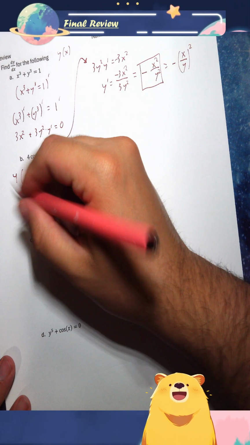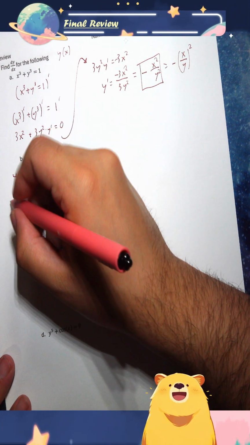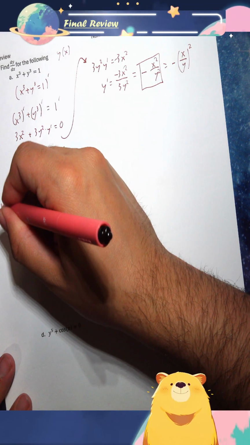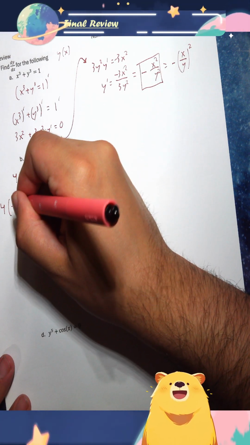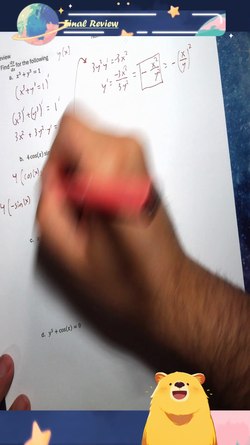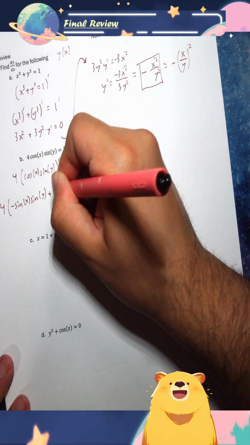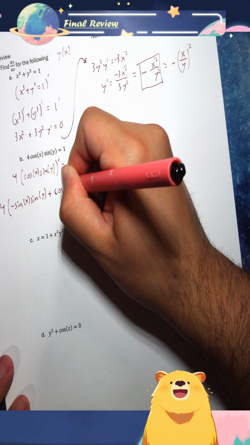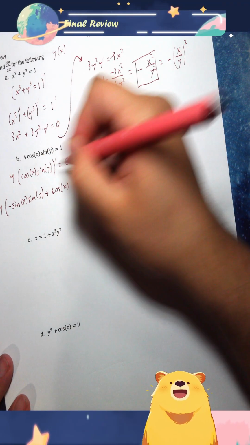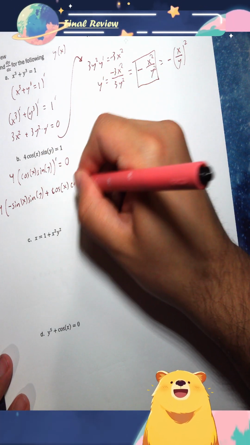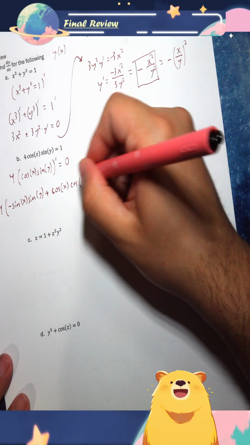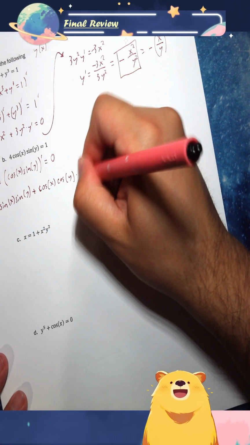So for here, let's do the derivative of cosine first times sine. The derivative of cosine is just negative sine of x, and times this one, sine of y. And then now I have to do the derivative of sine y, which is cosine of y, but I have to do the derivative of what's inside it, which is just y prime.